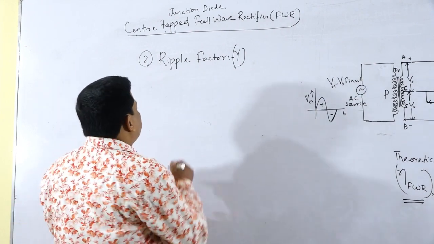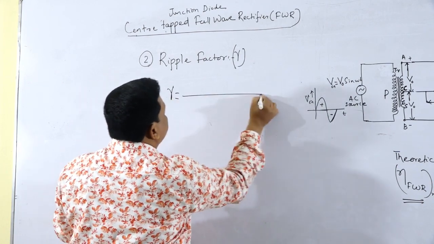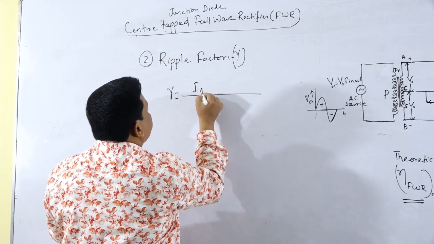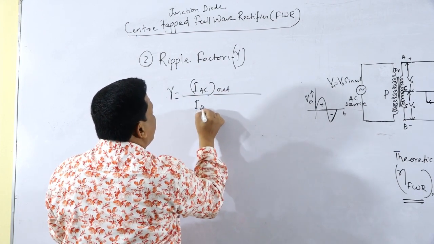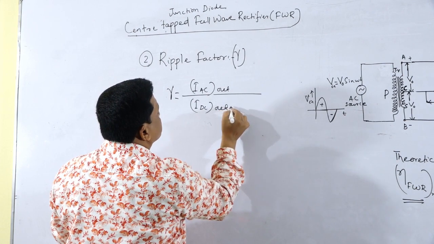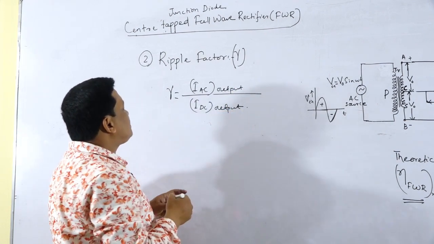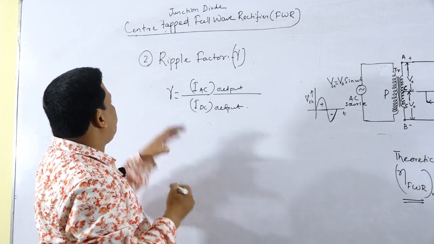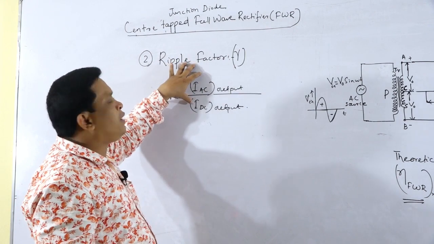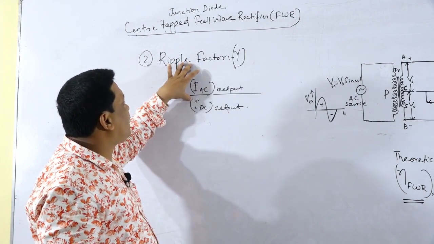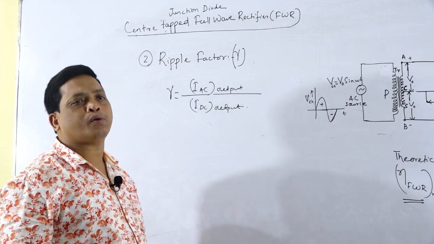Now, ripple factor is the ratio between I AC out by I DC out, or you can write output. That means ripple factor is the ratio between output AC components to the output DC components of current.